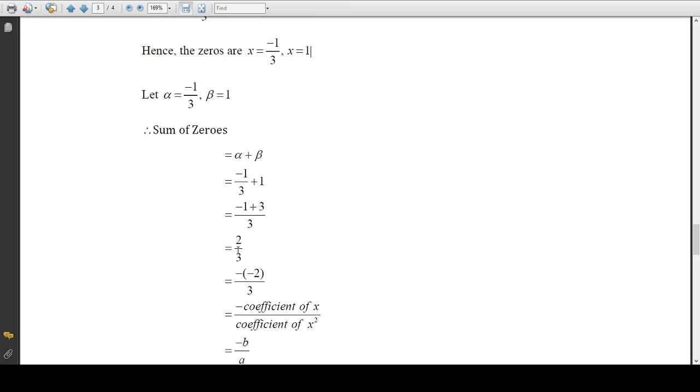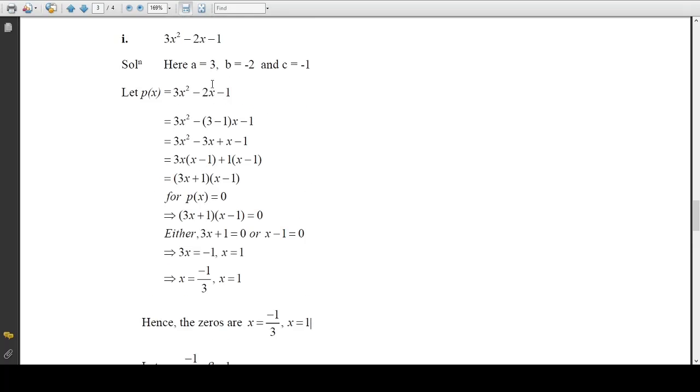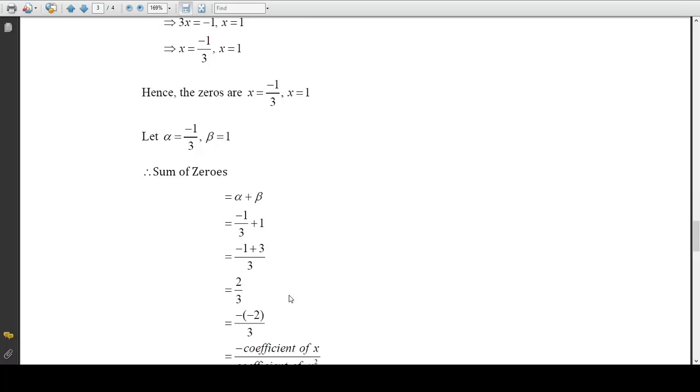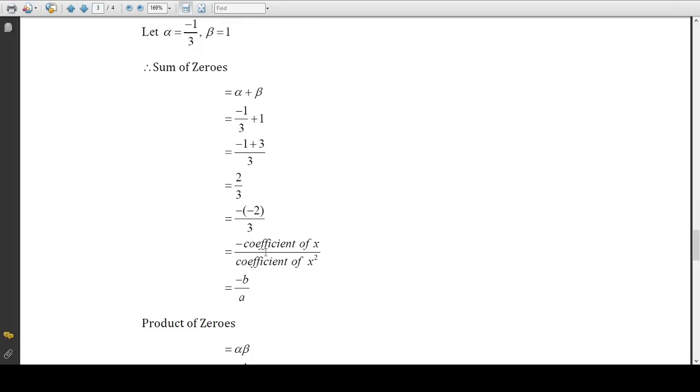Instead of plus 2, you'll write minus minus 2. That means this will be minus the coefficient of x. Coefficient of x is minus 2, isn't it? Therefore it will be in the form of minus the coefficient of x, which is minus 2, by coefficient of x squared, which is 3, which is equal to minus b by a.